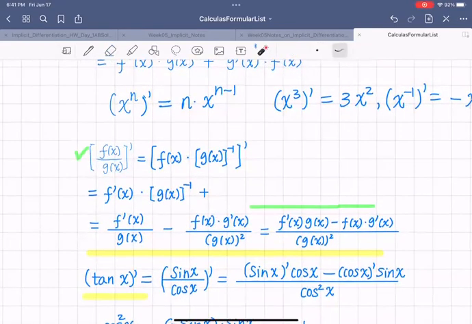Let me call a student. Lily, let's give a try here. When we talk about the product rule, because this is the quotient rule, suppose we forget the quotient rule.